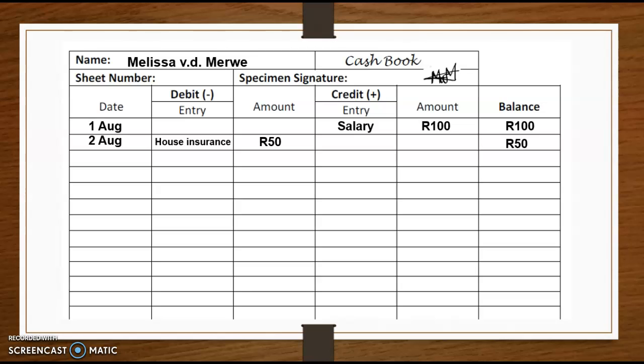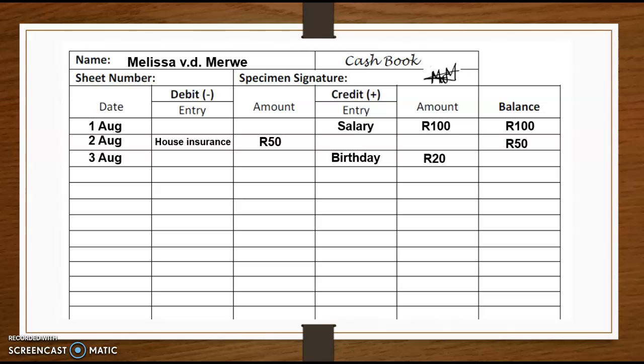Okay, let's look at the third transaction. This transaction happened on the 3rd of August, and you received a birthday gift. So we already indicated that this would be a plus, which means it will go in the credit column. And it was 20 Rand.